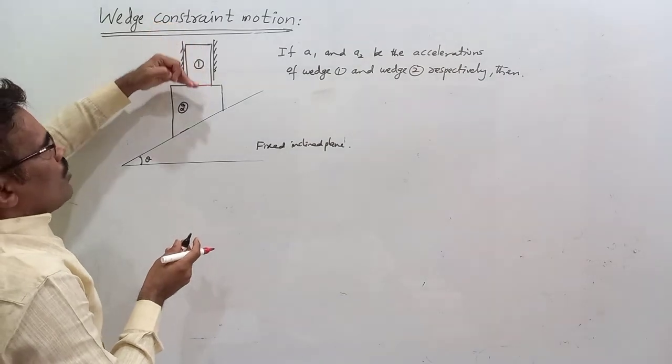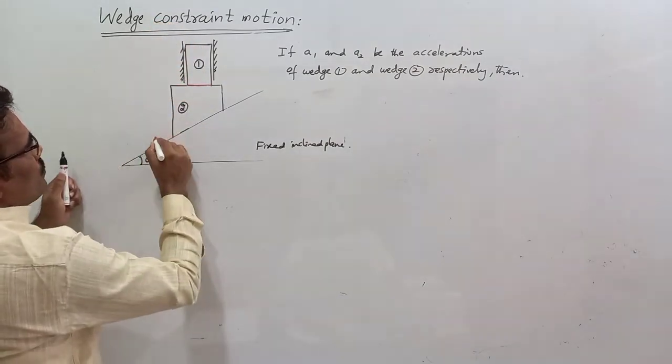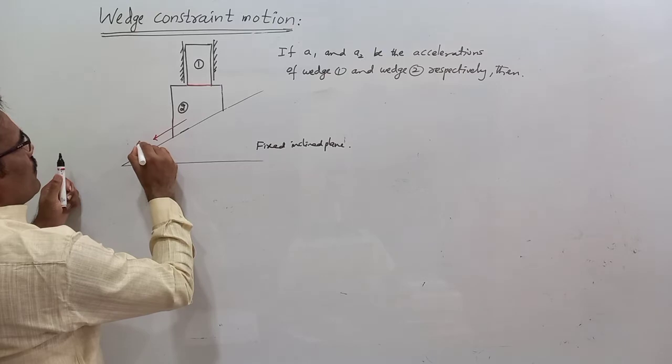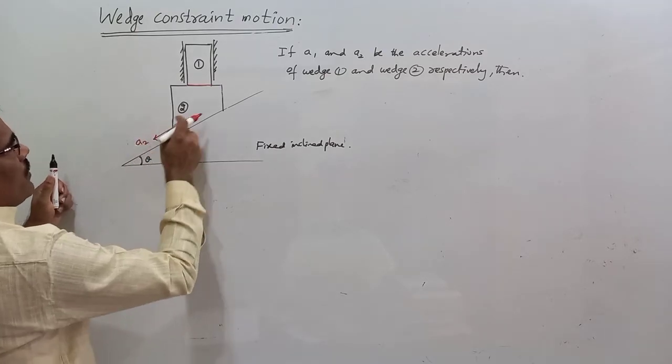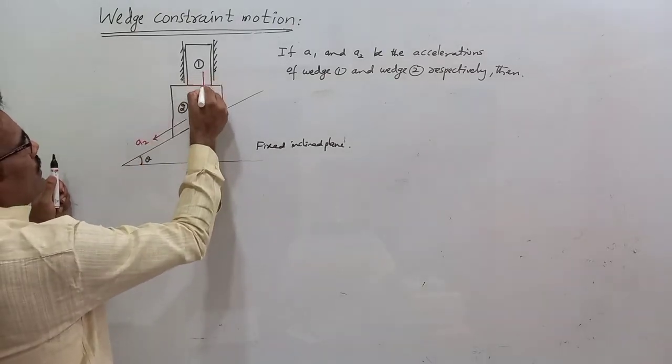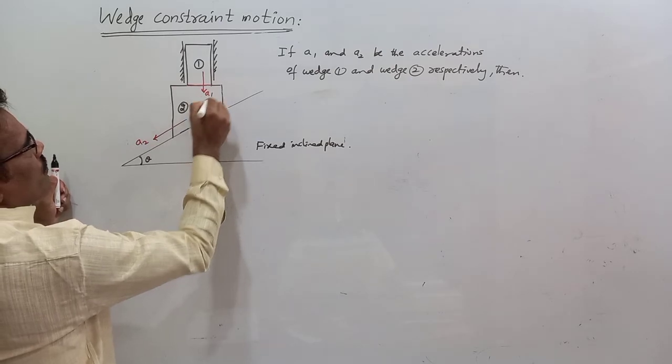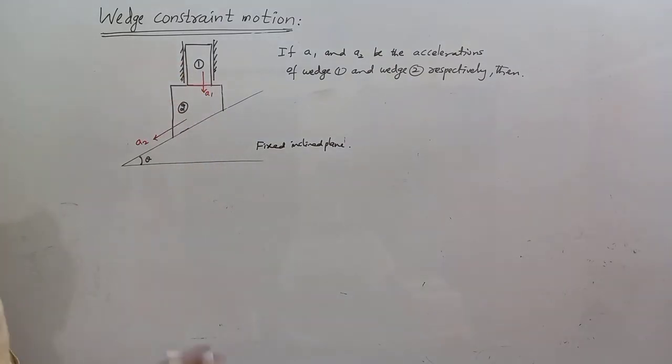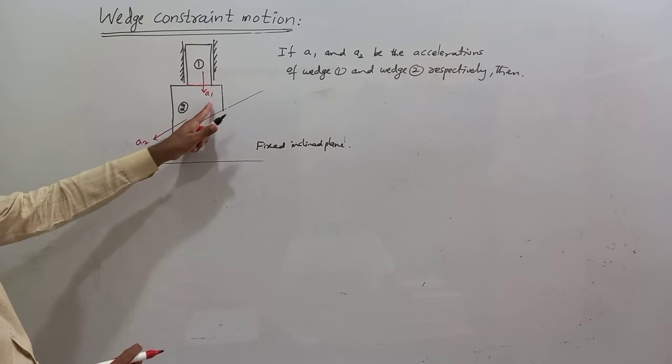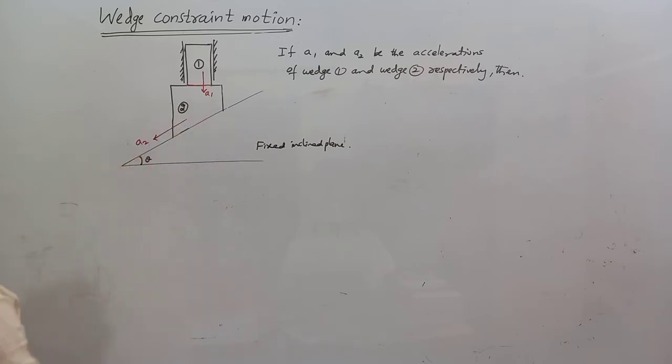So this block moves down, and this moves to this side. The acceleration A2 is in this direction, and the acceleration A1 is down. Then what is the relation between A1, A2 and theta?